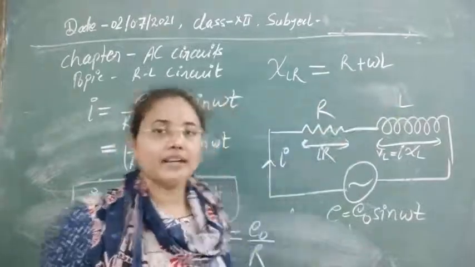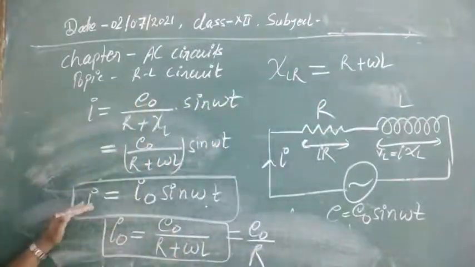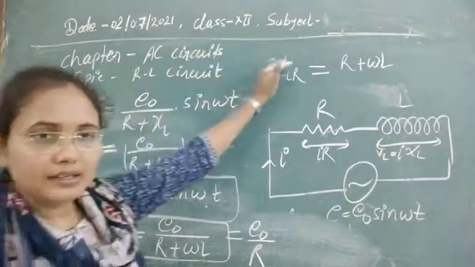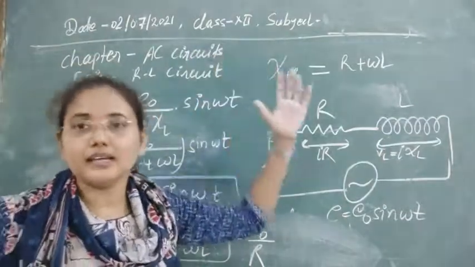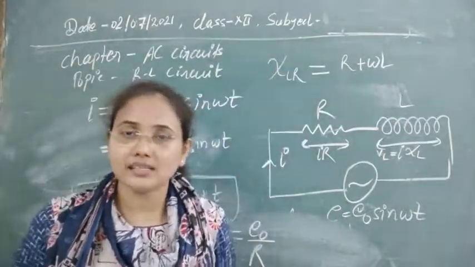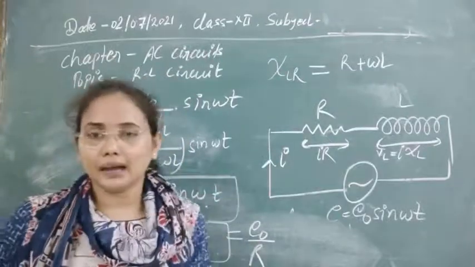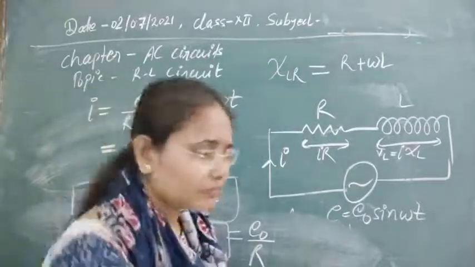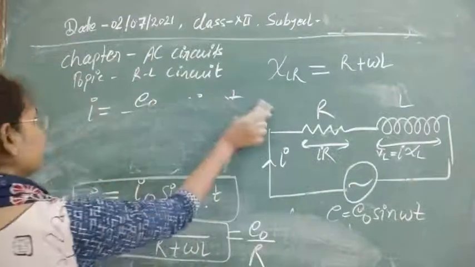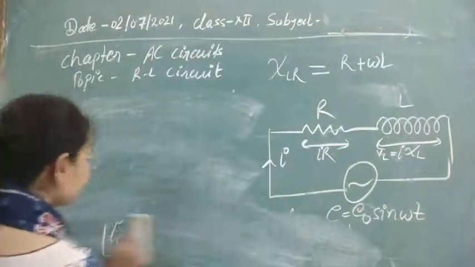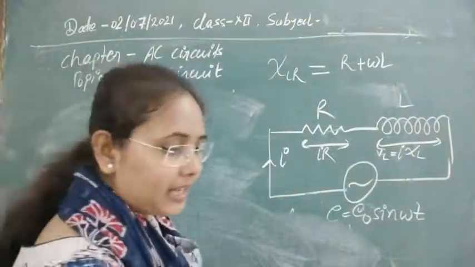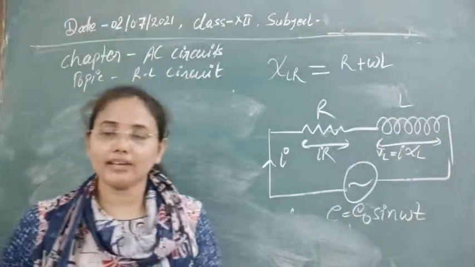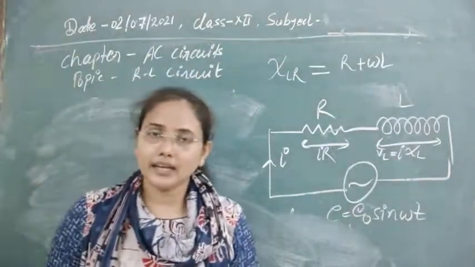Now as we have calculated the instantaneous value of the current and the inductive resistive circuit reactance, we can plot the phasor diagram for this case. As you know, the phasor diagram represents the rotating vectors for the alternating current and voltage.